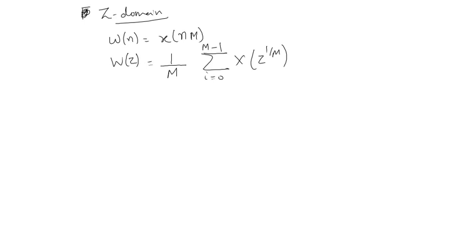Yeah, there is one more factor which will come here, that is W_m to the power i. Why will it come? Can anybody tell why it will come?